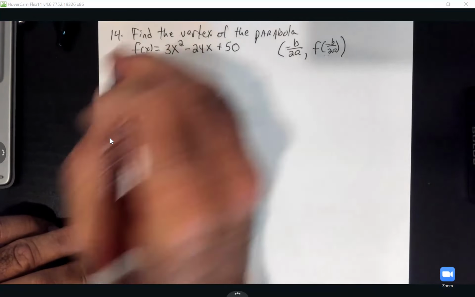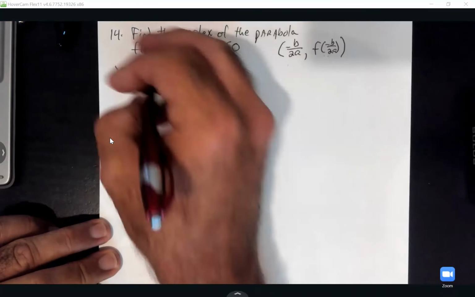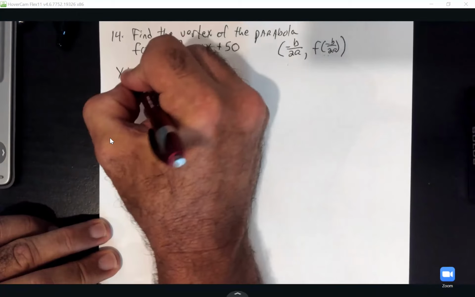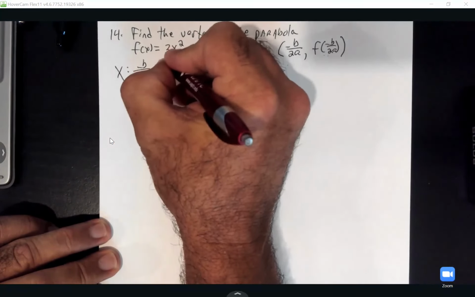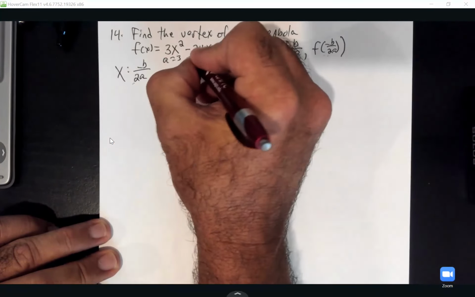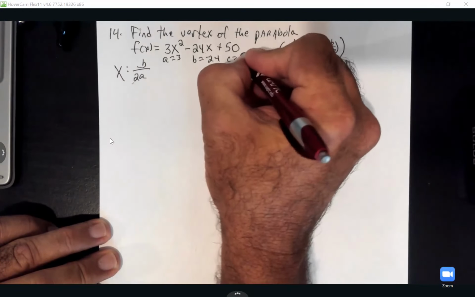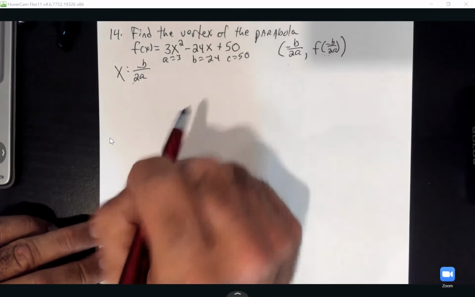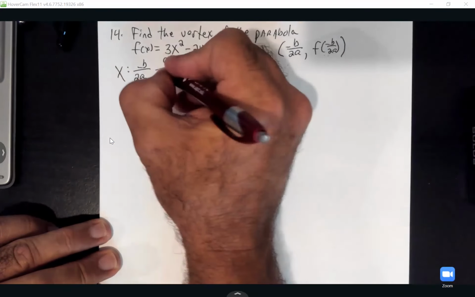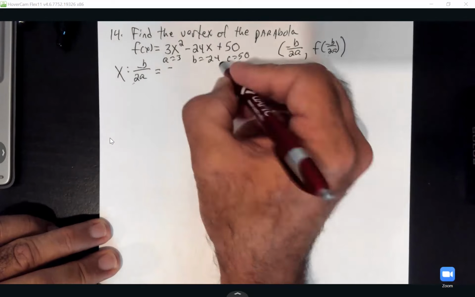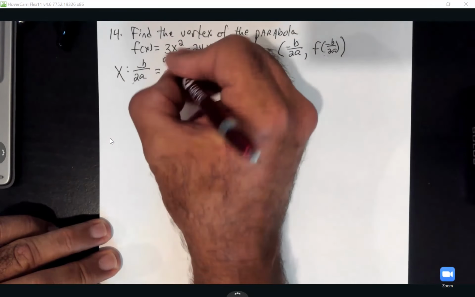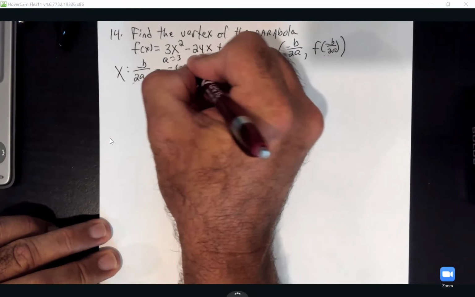So y'all, let's get the x coordinate first. We're going to do negative b over 2a. So remember, a is 3, b is negative 24, and c is 50. So remember, once again, write that negative and then put in your b, which is a negative 24.